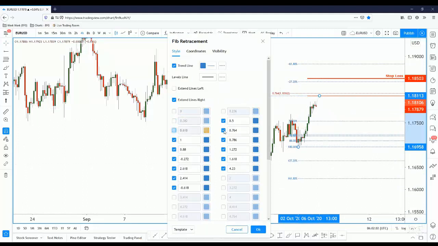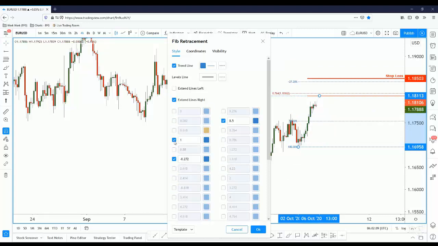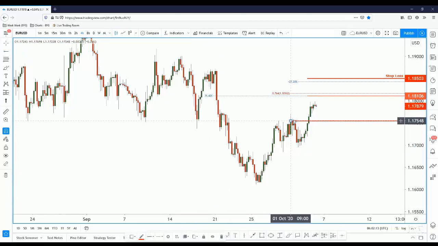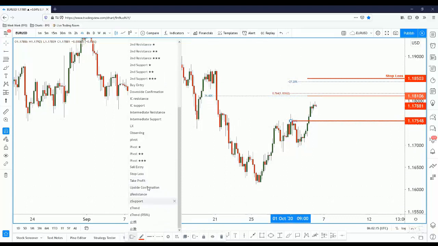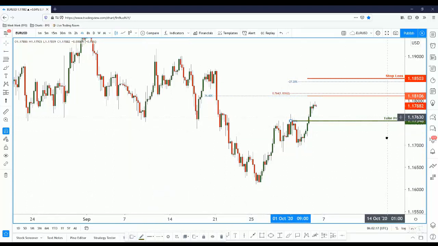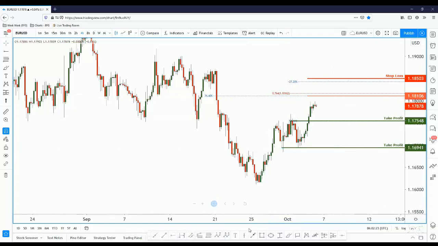So there's a stop loss over there, and then I will select the 50%. It's not selecting. There you go. So we have our first partial take profit here, and of course the second take profit at this low here. So there are two take profits, and this will be our entry level, and we can go short like that.